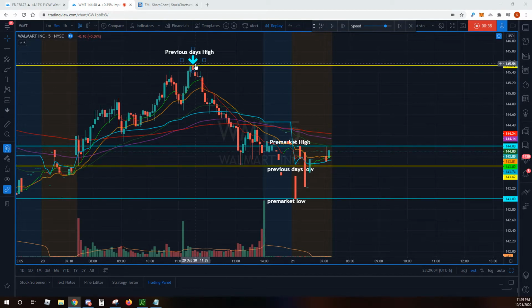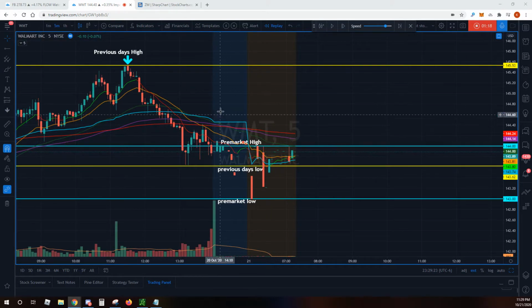As you can see, the high of the day compared to the low of the day, when the market opened up on Walmart the previous day, it rallied up to a point and reversed all the way back down to the opening low and then closed. So moving forward, this shaded area in the blue is after hours, and this orange area here is pre-market.